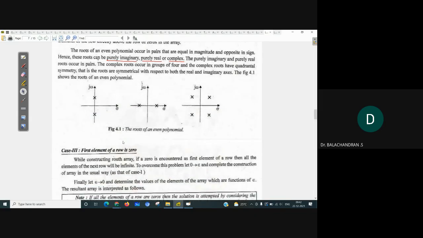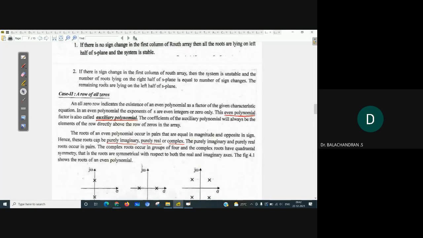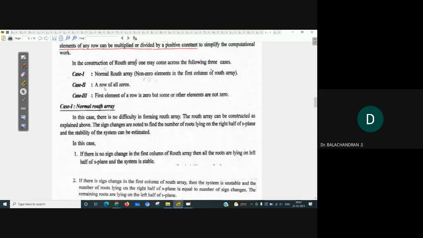And then case 3. Case 3 is when the first element of a row is 0, but some or other elements are not 0.